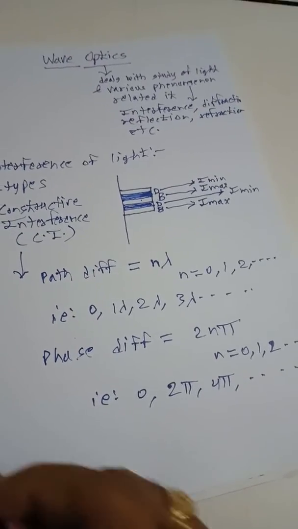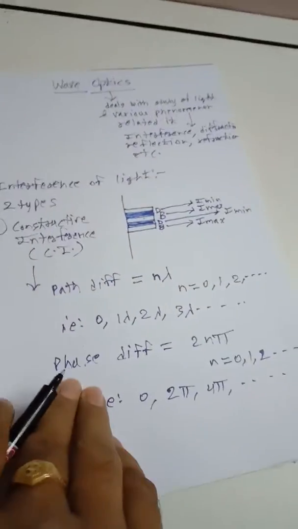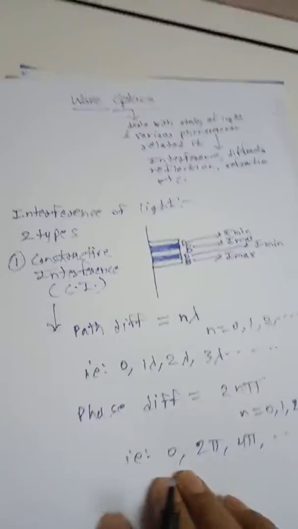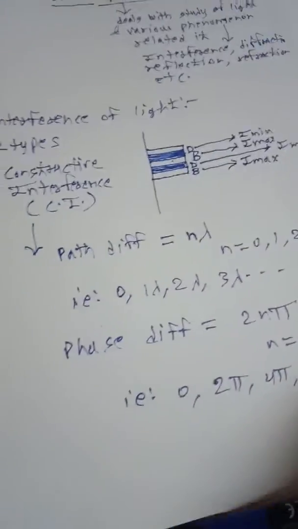Now we'll see destructive interference, how this is different. For destructive interference, just opposite conditions.